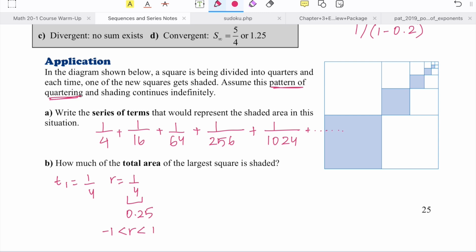So what we'll do is we'll use the sum of infinity terms. T1 over 1 minus r, which is 1/4. Put that in the calculator. What do we get? When you put it in the calculator, make sure you do this.